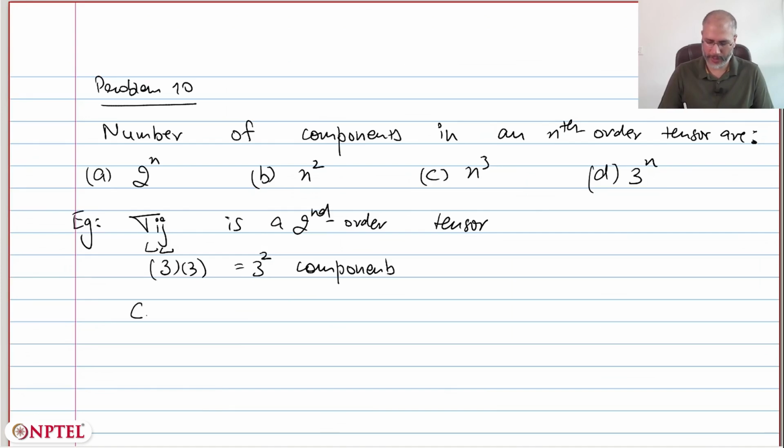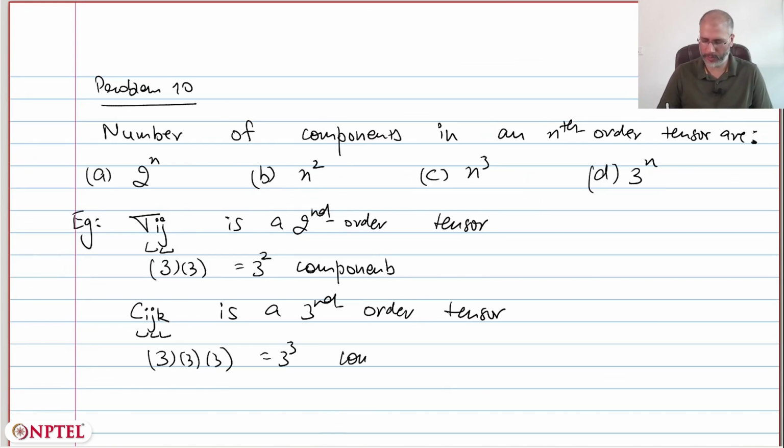In a third order tensor, Cijk, we have 3 independent indices. So we have a total of 3 times 3 times 3, which is 3 cubed components.